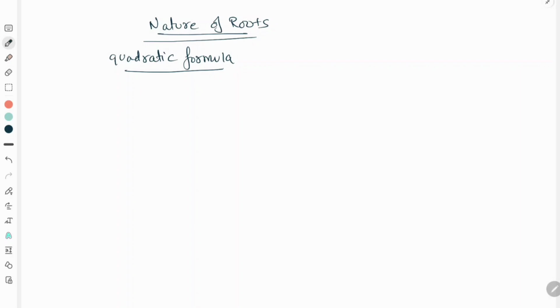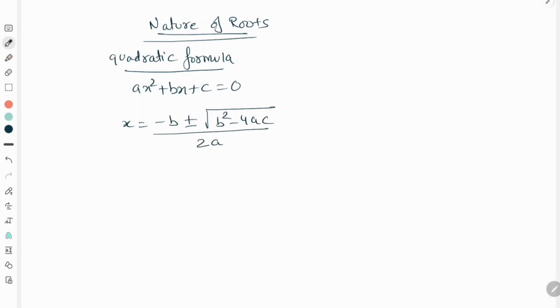Suppose we have a quadratic equation in the form of ax square plus bx plus c equal to 0, so we can find the value of x or the roots of the equation by using this formula. This formula is known as the quadratic formula. You can also use this formula to find out the roots in the previous exercise.